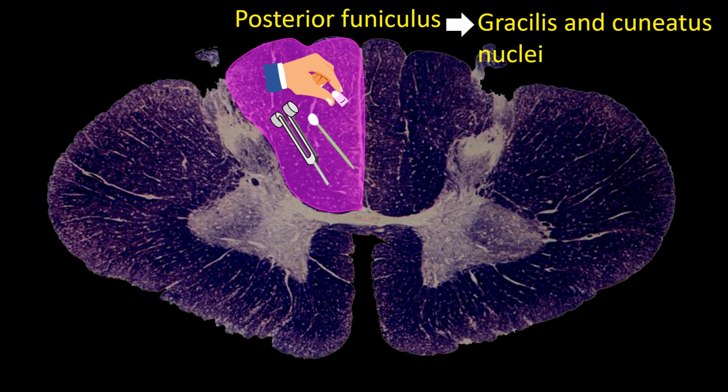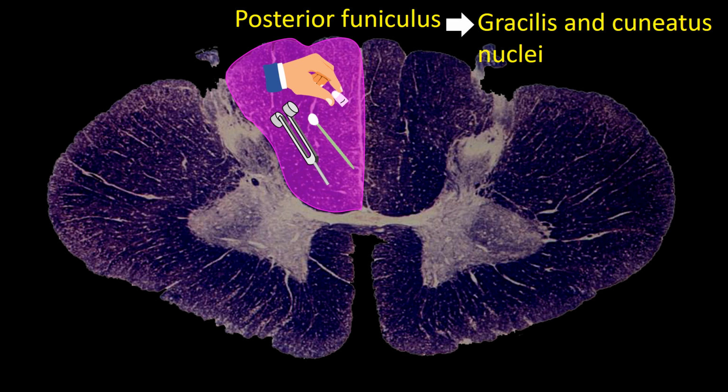The axons in these columns end at the gracilis and cuneatus nuclei found in the lower medulla. The neurons in these nuclei are the second neurons of the sensory unit involved in the transmission of position sense, motor sense, vibration, and discriminative soft touch.